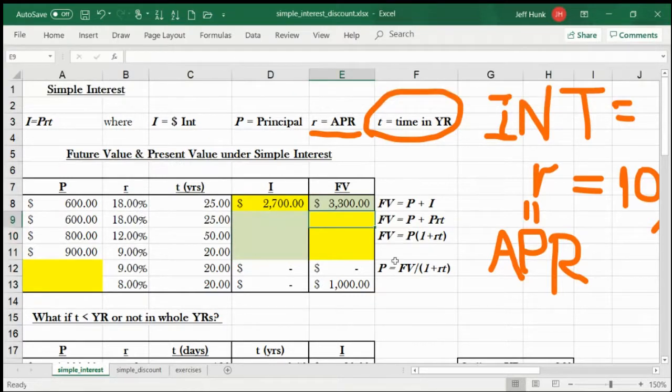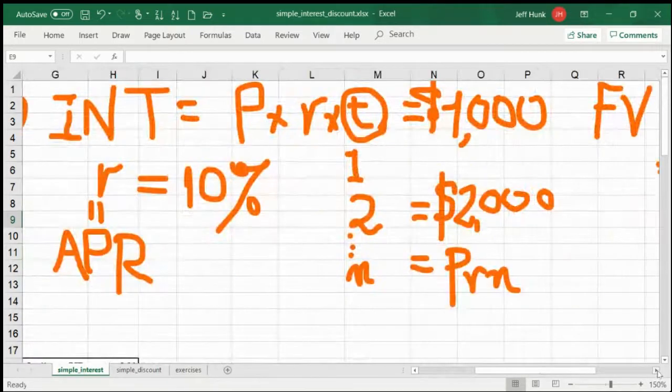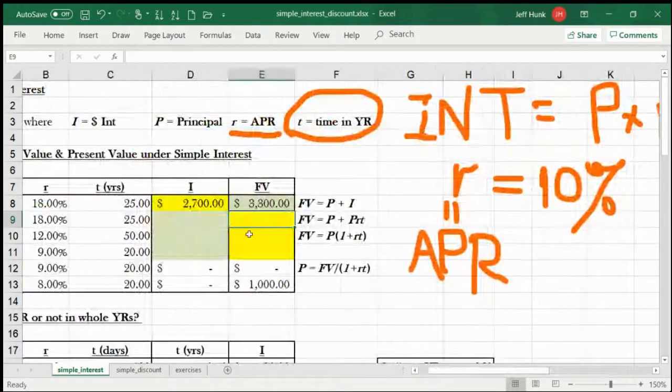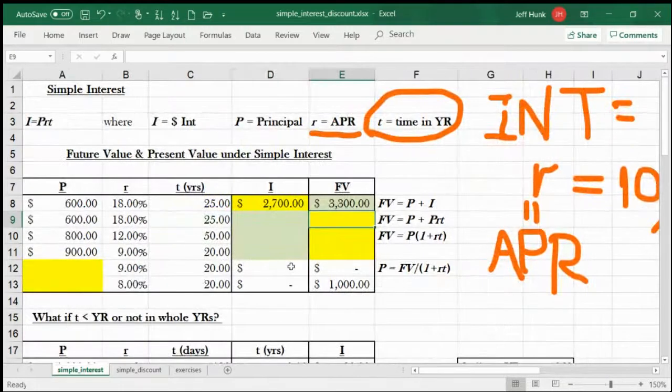This time, we can find future value directly. We can, because future value is what? P times 1 plus R times T, right? But the process to arrive at this, we know how we got there, right? So let's do this.